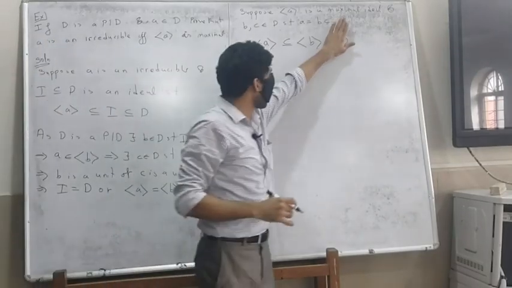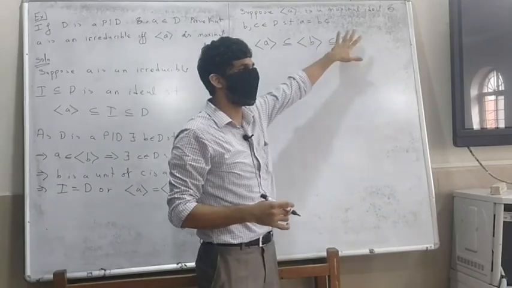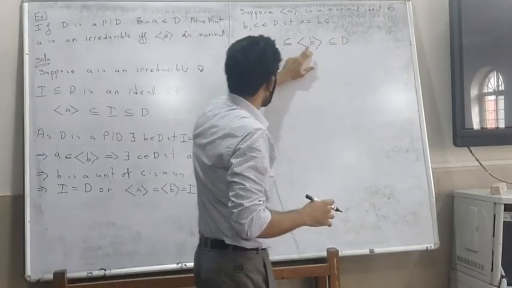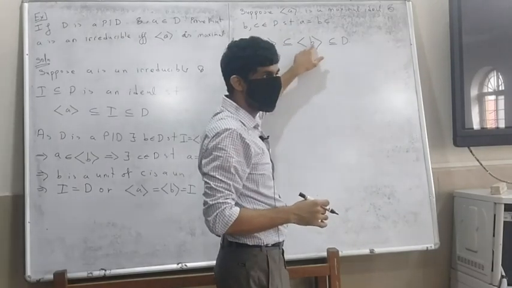All ideals are contained in D, that is obvious. Anyway, so you can see that the ideal generated by A is contained in the ideal generated by B.